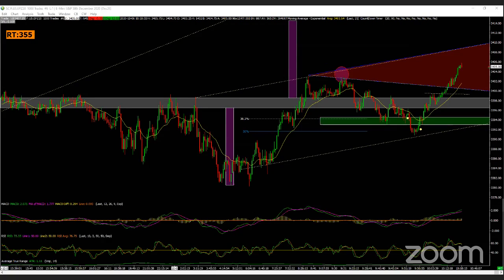Okay, so now it would be nice to see a pullback, right, to give us an entry again. Or is she going to retest the high of this channel?